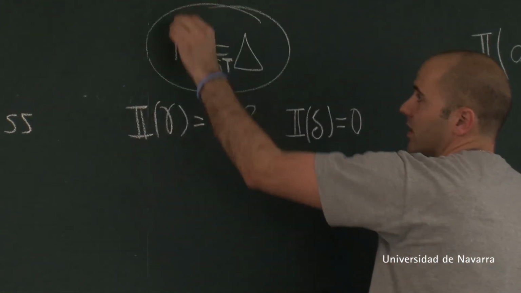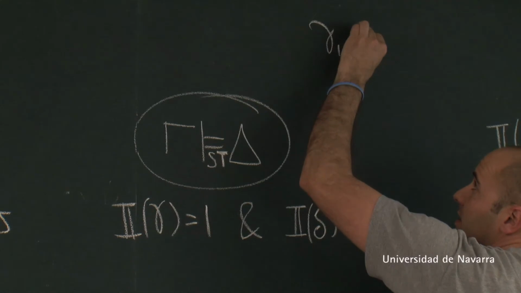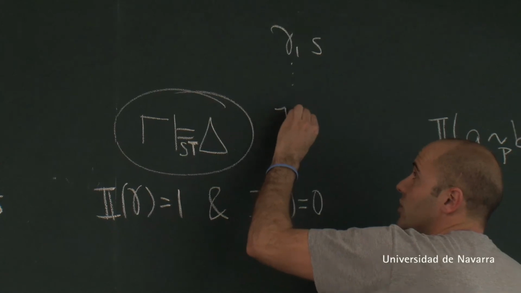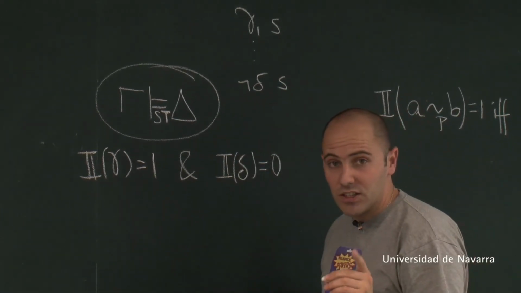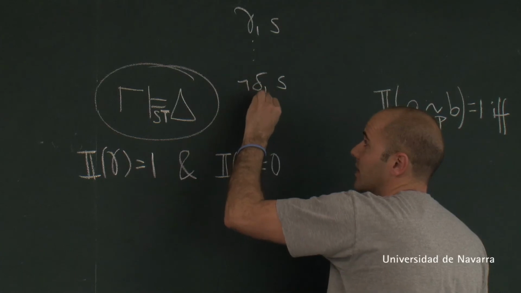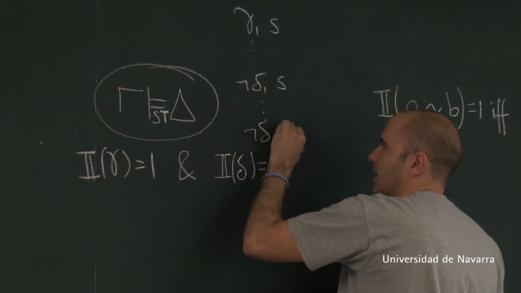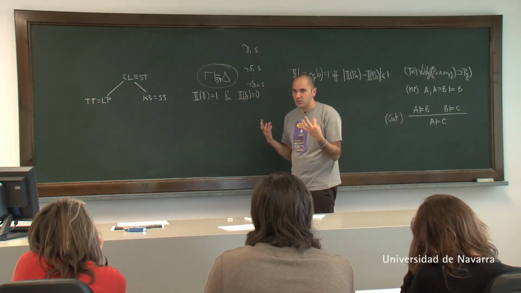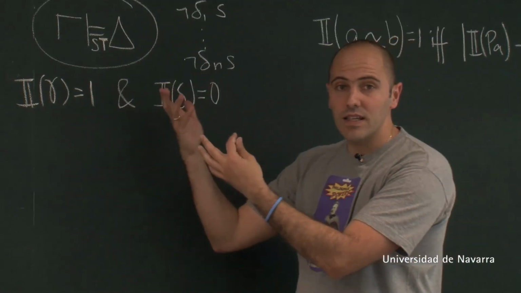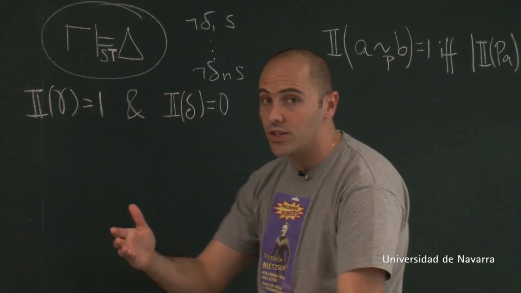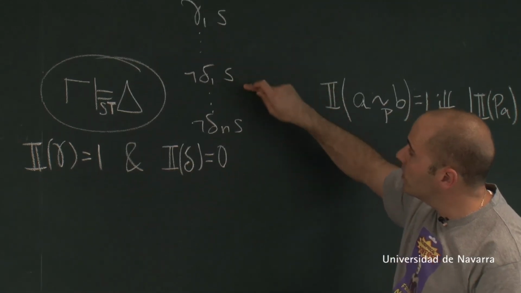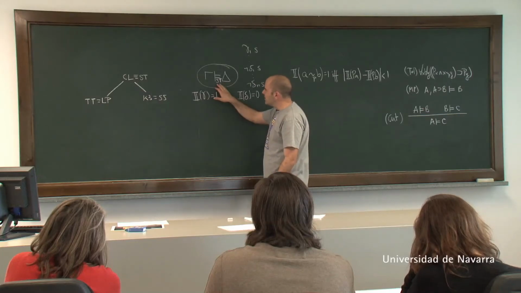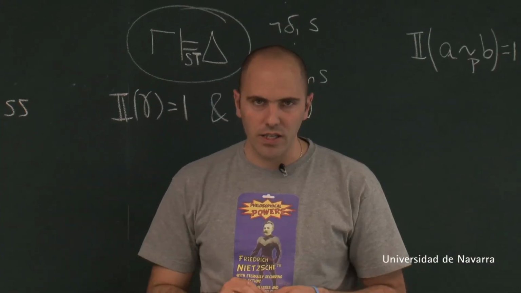If you want to check this, you should write the gammas, check the gammas for strict satisfaction, and the negation of the deltas for strict satisfaction as well. And of course, the rules are classical rules. So if any of these trees closes in classical logic, they will close if everything is being checked for strict satisfaction. So this is an alternative definition for classical logic.